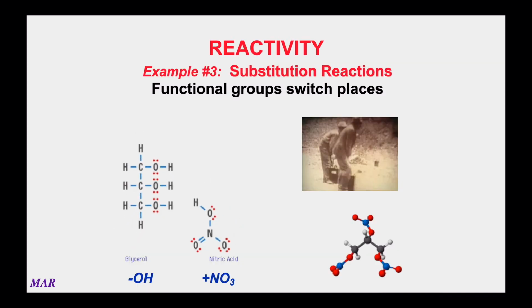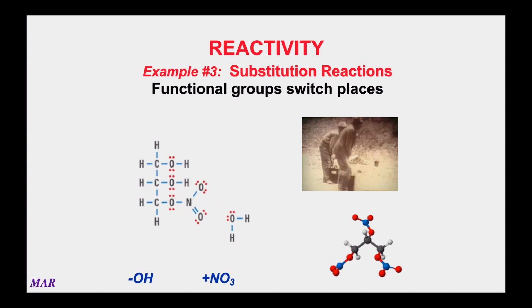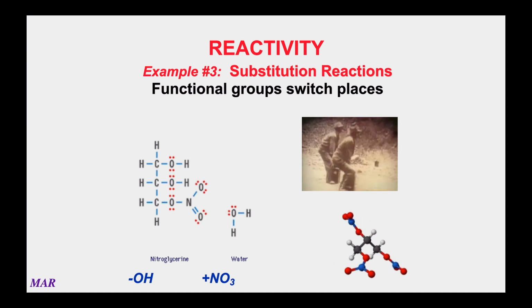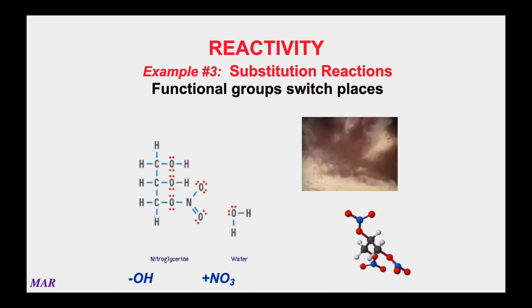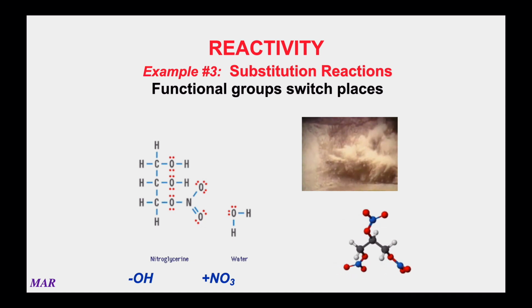In the substitution reaction of glycerol with nitric acid, hydrogen atoms on the glycerol are replaced by the nitro group to produce nitroglycerin and water. Nitroglycerin is essentially triol glycerin with nitro groups, and if you add nitric acid to it, it'll make it.